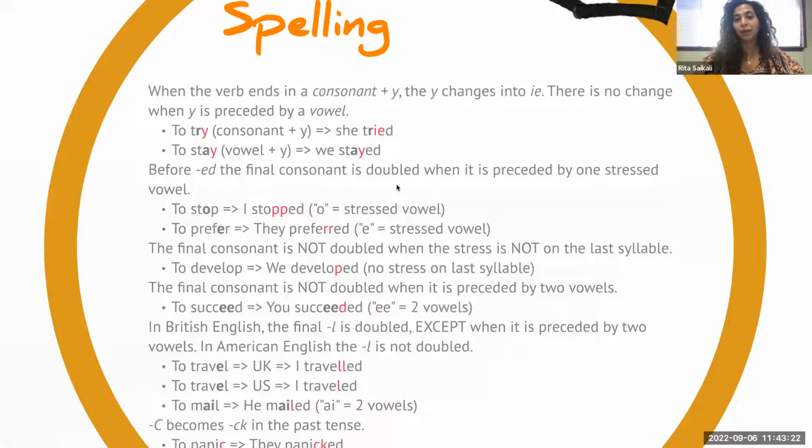If there's a vowel, nothing changes. So what's the rule? The rule we had: if there's a consonant, you add the IE, you change it.